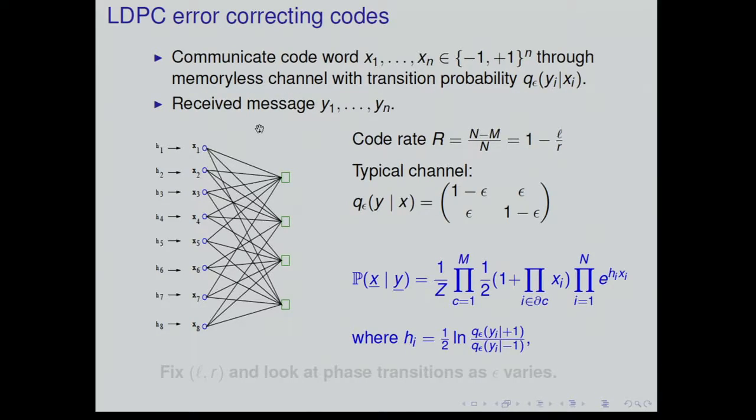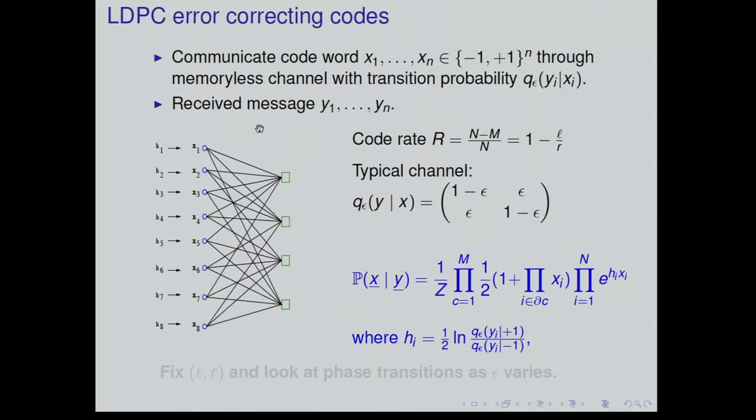So if you think of a typical channel, it is the binary symmetric channel where the arrival alphabet is plus minus 1. And so you flip the bit with probability epsilon and you don't flip it with probability 1 minus epsilon. Okay, so whatever I say is valid basically for all so-called binary memoryless symmetric channels, but think of this channel as a typical one. Okay, so these code bits that you send are correlated through parity checks here.